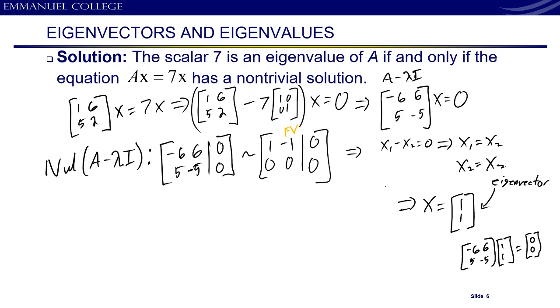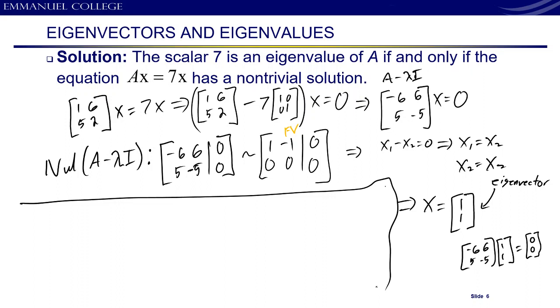So that was the process to find the eigenvector, knowing the eigenvalue. Then just to double check, if I do 1, 6, 5, 2, and multiply it by 1, 1, then I get 1 times 1 plus 6 times 1, which is 7.